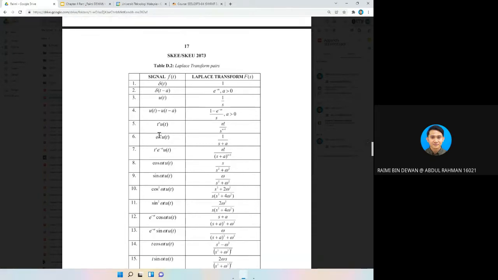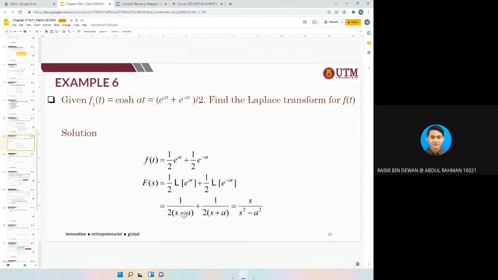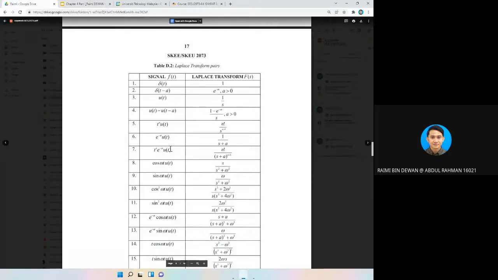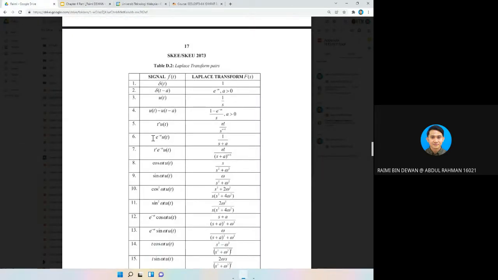It's actually negative. When you see this formula, it is the general formula for e to the negative at, so your a is actually negative a. Negative a times negative, you get at positive.